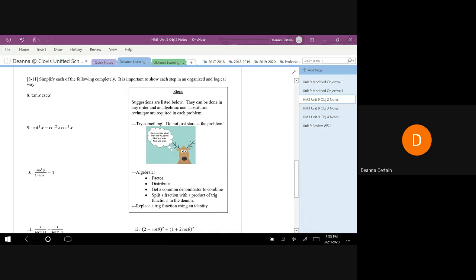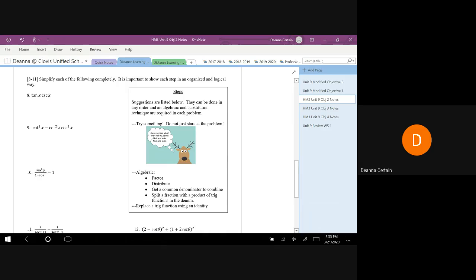So then you'd be looking at your identities going, is there anything in one of those identities that looks vaguely similar to what I'm looking at? Or you'd look through some of the algebraic steps that we've talked about over the different lessons and go, well, can I factor? Do I see a difference of two squares? Like, what can I do there? But you have to do something. Don't let yourself give up.